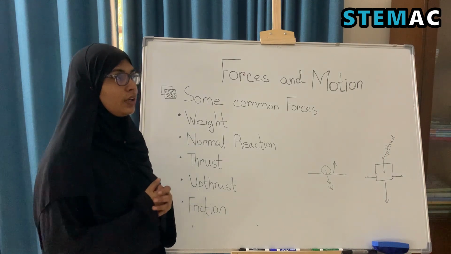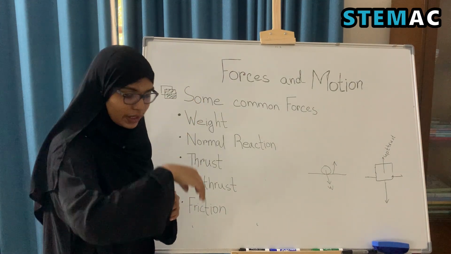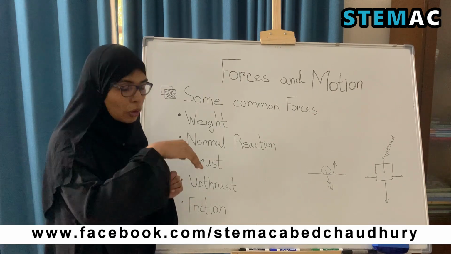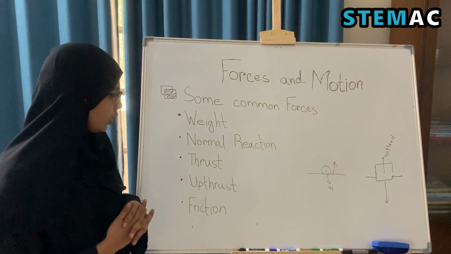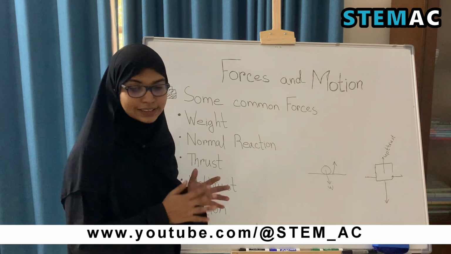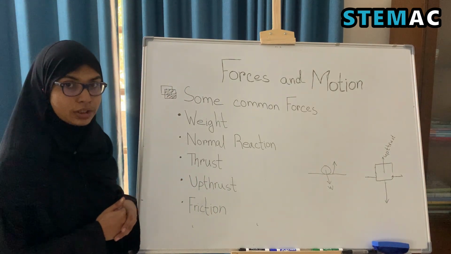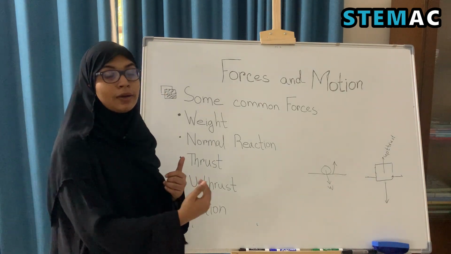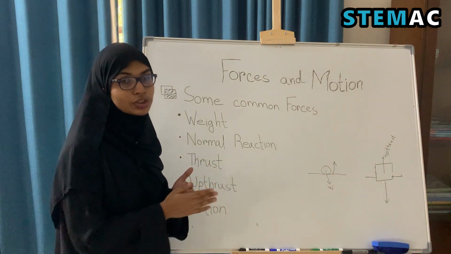It occurs when an object is moving through air. The air resistance is opposing the motion of the object downward. Also, when a car moves, the car does not accelerate as much as it should due to friction, because the friction acts backward, but the thrust force acts forward.